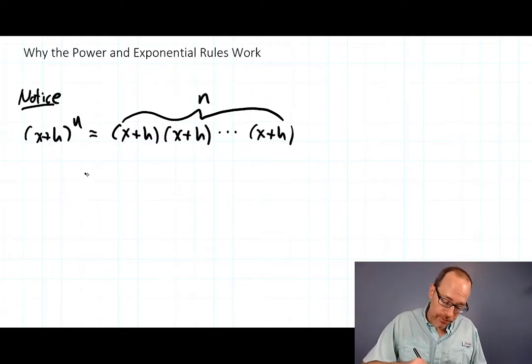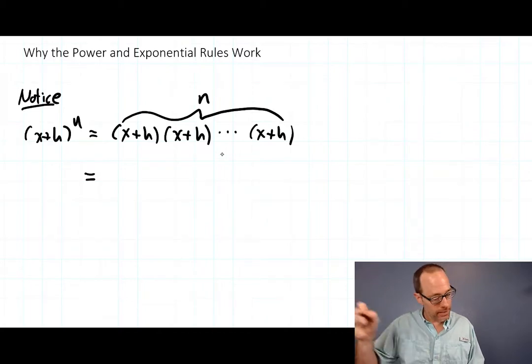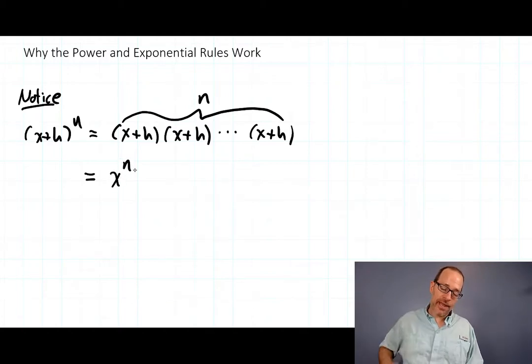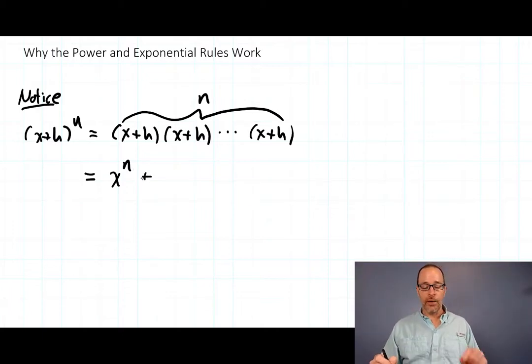Now, if you pick only x's from each one, you would pick an x from the first, x from the second, x from the third, and x from the nth one, you would get n x's multiplied together, so x to the n. But you could also do the scenario where you pick one h and all the rest x's. So a single h and n minus 1 x's.